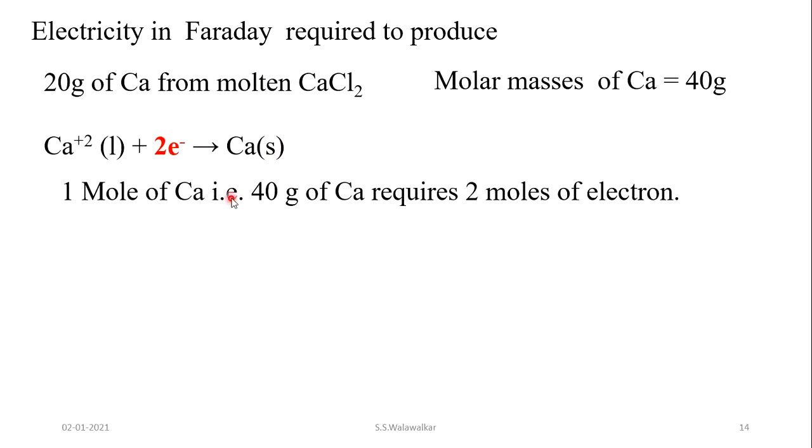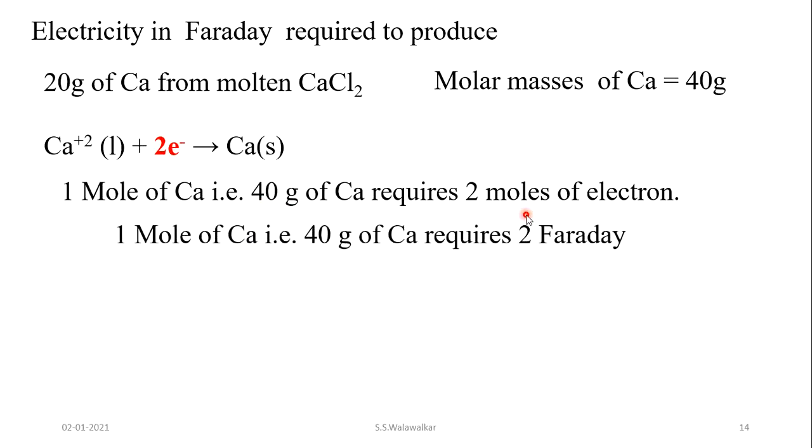That means 1 mole of calcium, that is 40 gram of calcium, requires how many moles? 2 moles of electrons. The stoichiometry of this half reaction shows that to deposit 40 grams of calcium, 2 moles of electrons are required. Very simple problem, that means 2 Faraday of electricity.